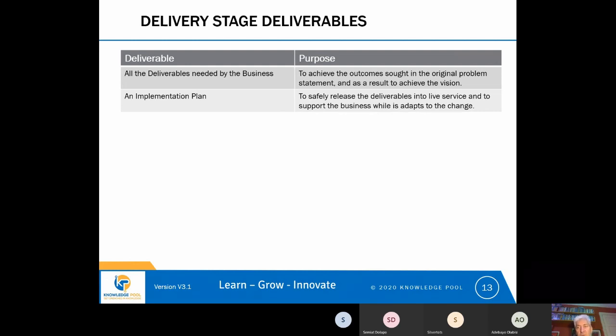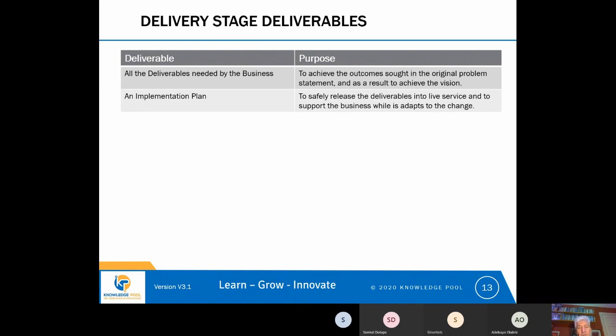And we've determined what those deliverables are in the planning stage. So in the planning stage, we've said the business needs A, it needs B, it needs C. So our delivery stage deliverables consist of A, B, and C, because they're the deliverables we need to achieve those outcomes that were sought in our original statement of the problem.